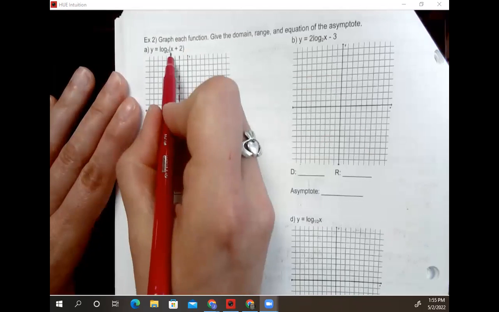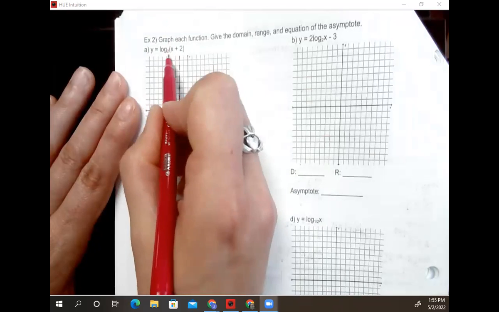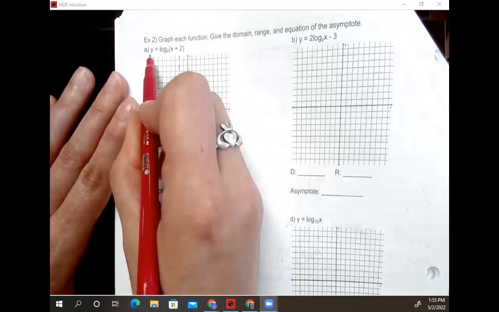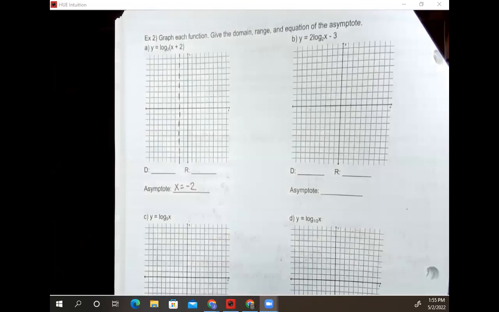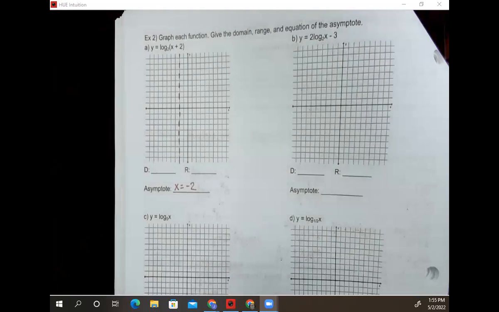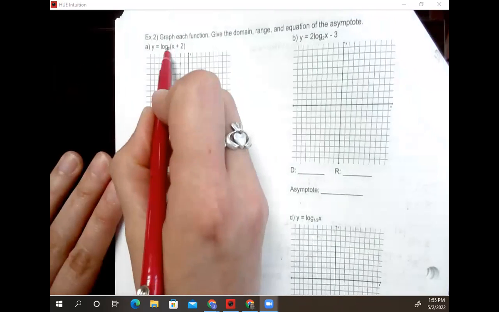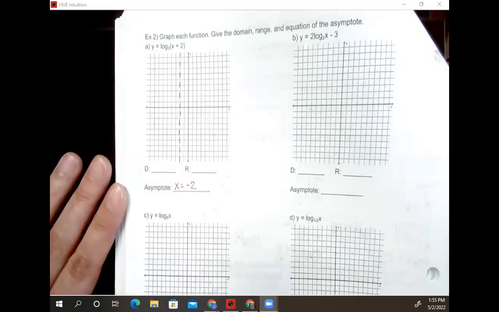It is not the easiest thing in the world to pick values for x to plug into a log function that will give me nice y values. Sometimes I may be picking values for x that give me kind of messy y values. Now that's not necessarily a bad thing if you can use your calculator to help you simplify the log base 2 of 3 or the log base 2 of whatever you happen to plug in for x.